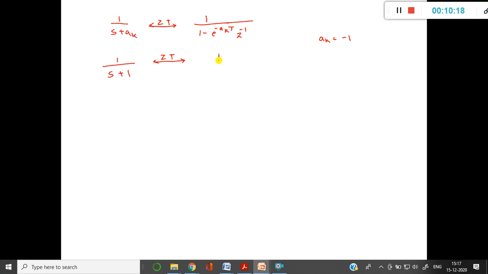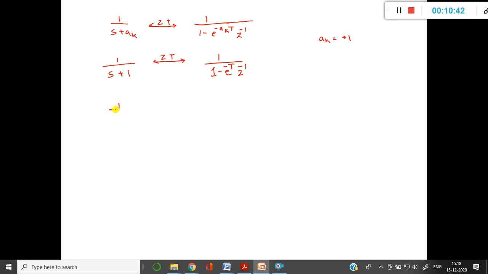So I'll write this as 1 by (1 minus e to the power of minus a_k T z inverse). The a_k value is 1, not minus 1, so I'll just write e to the power of minus T z inverse, right?